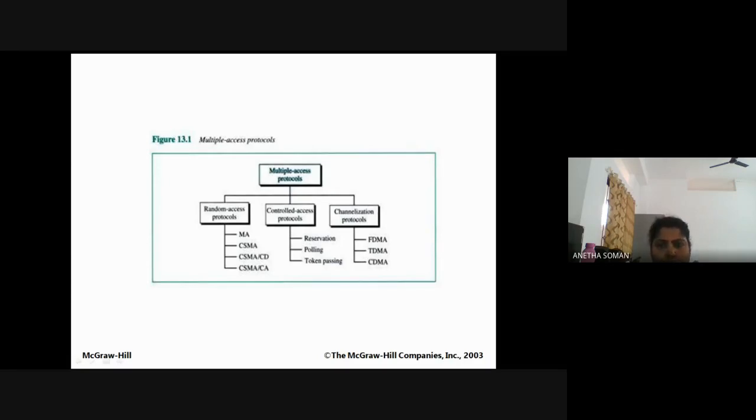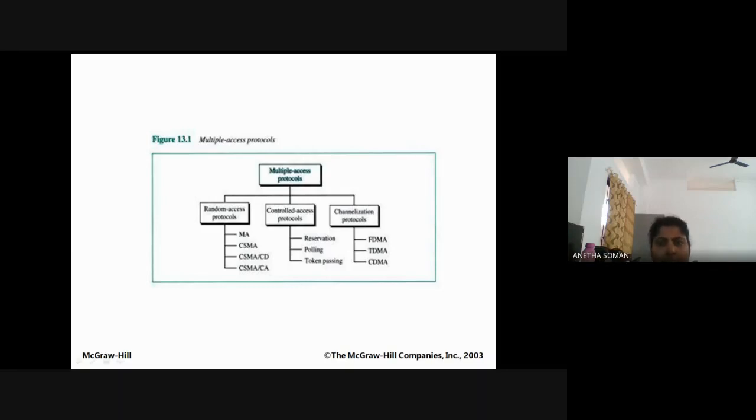So in a multi-point connection, you need some procedure to handle the access to a shared link. You have protocols called the multiple access protocols, and generally you can have three categorizations: random access protocols, controlled access, and channelization protocols.